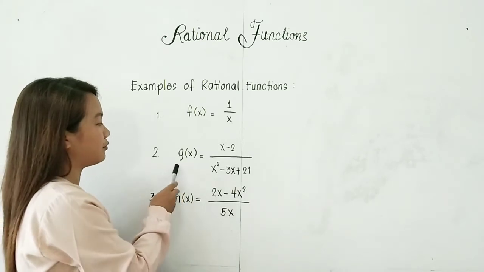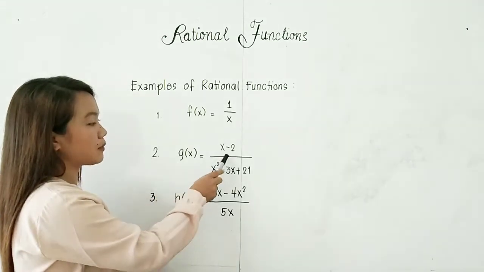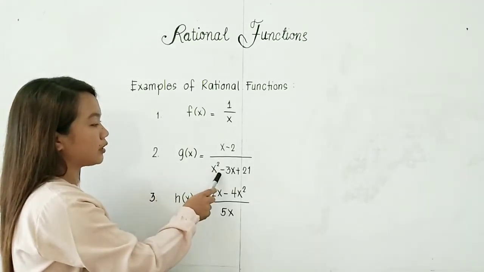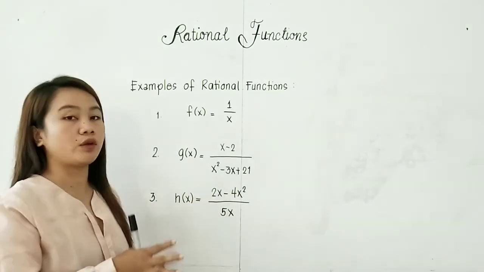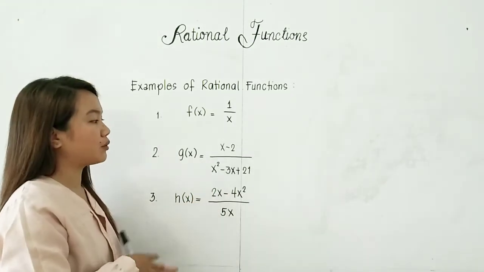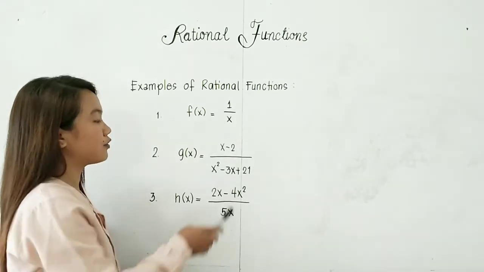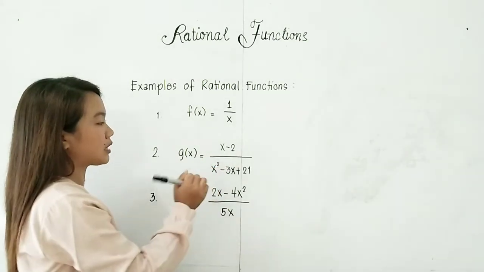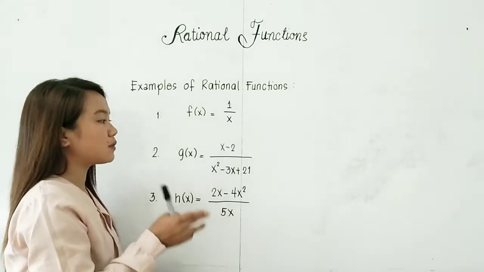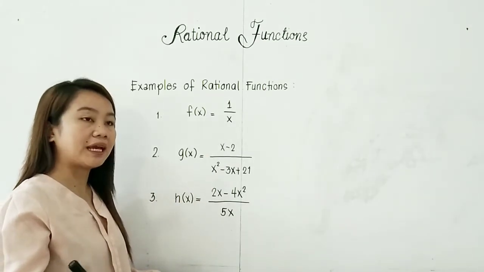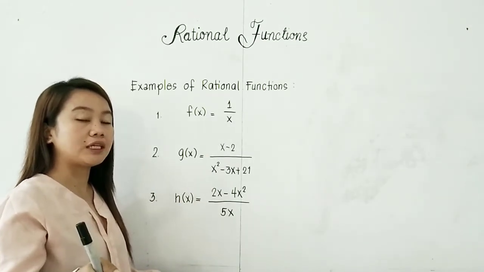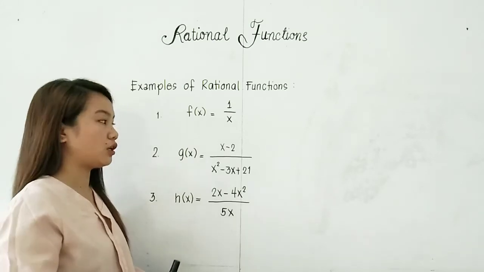Second example, we have g of x is equal to x minus 2 over x squared minus 3x plus 21. So let's check if our numerator and our denominator are both polynomial functions. First, x minus 2 is our numerator. So x minus 2 is a linear function, and again, linear function is a polynomial function.